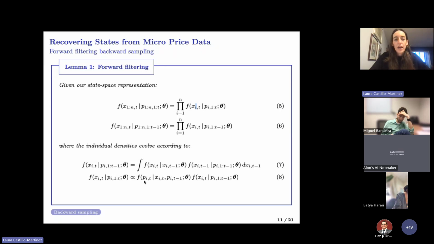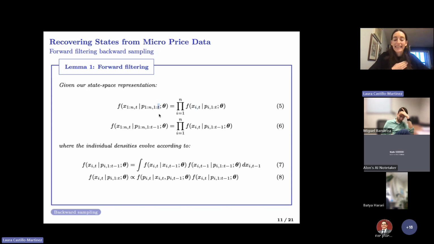Of course, forward filtering is normally considered a one-sided estimate because the data you're using is up until the point where you're updating your belief. That's why you're looking at data from 1 up until period lowercase t.